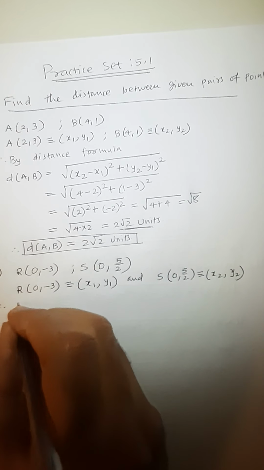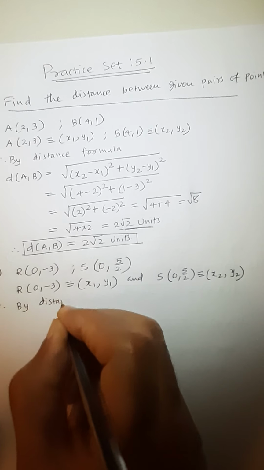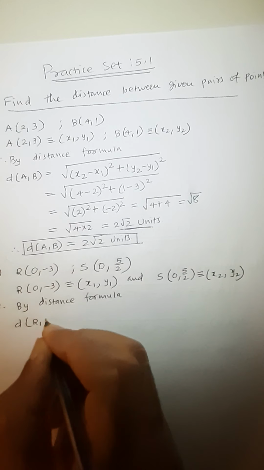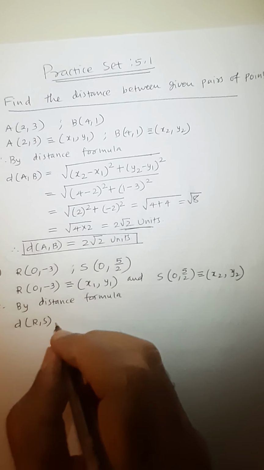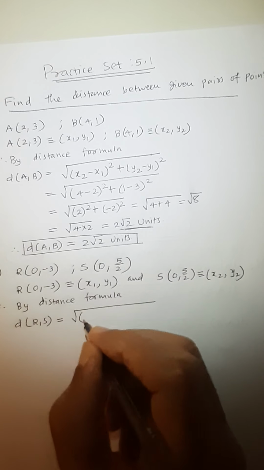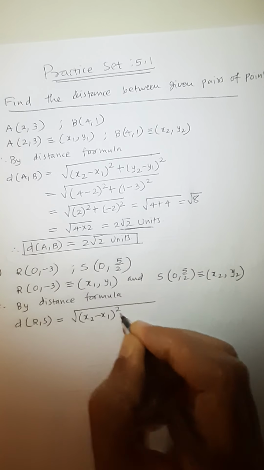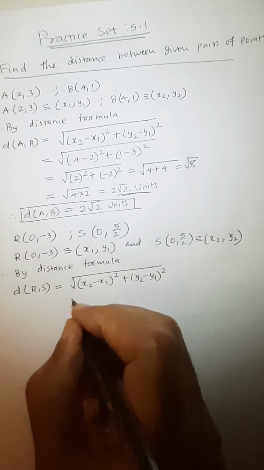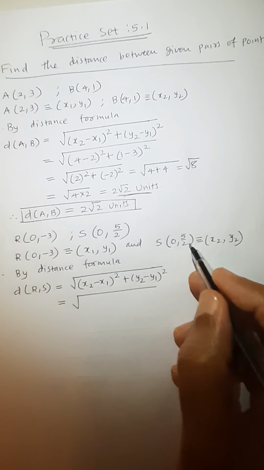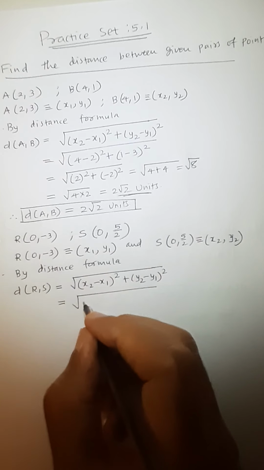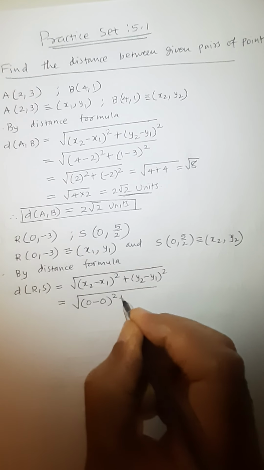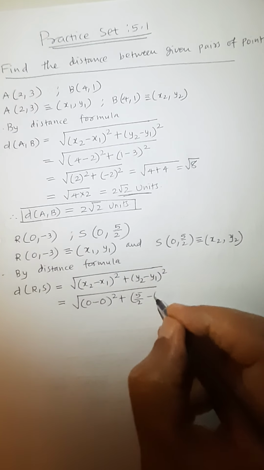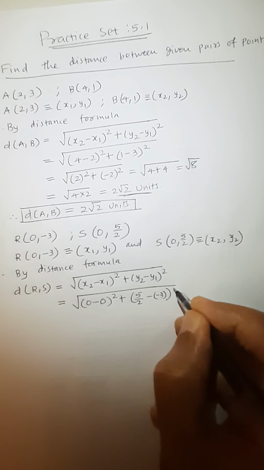Now therefore by distance formula, distance RS, the 2 points under consideration are R and S. Distance RS is equal to under square root x2 minus x1 the whole square plus y2 minus y1 the whole square. So now under square root x2 is 0 and x1 is 0, so 0 minus 0 the whole square, and y2 is 5 by 2 minus y1 is -3, so minus -3. I will have to make a double bracket and then the whole squared.